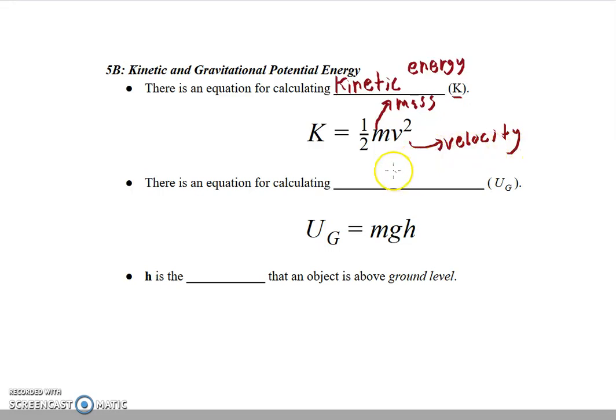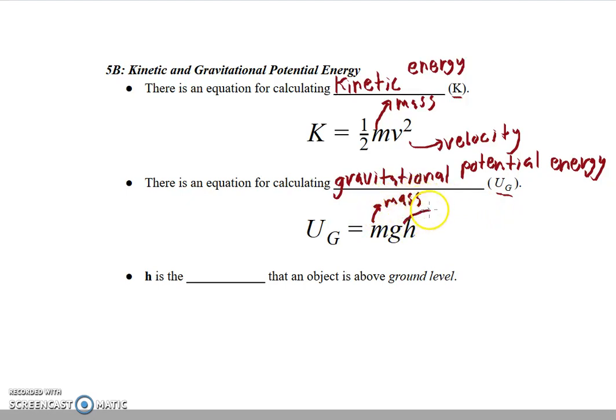There's also a formula for calculating gravitational potential energy, or U, like we wrote before, UG. So UG is going to be equal to M, the mass, times G, the acceleration due to gravity.